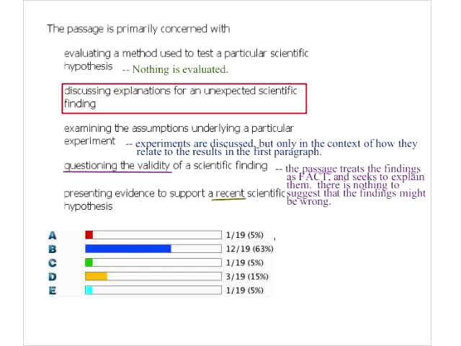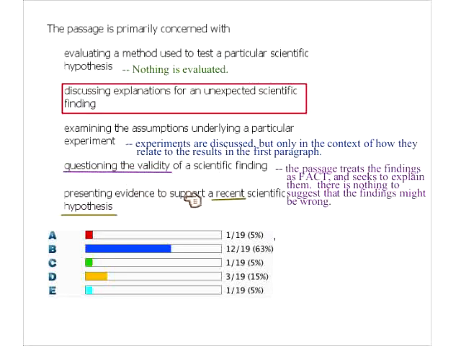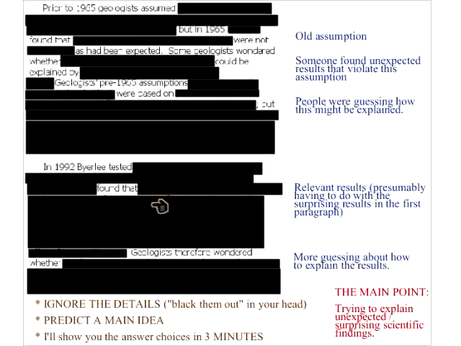Recent scientific hypothesis. First of all, this would be a very bad main idea because it doesn't even happen until way down here. You will not have a main idea that starts 4 lines from the bottom of the passage. So if that's what you have, you ought to think twice about that. But also they don't explain that. They don't present any evidence at all. They're just like, oh, here's the hypothesis, and then we're done. They wondered this.